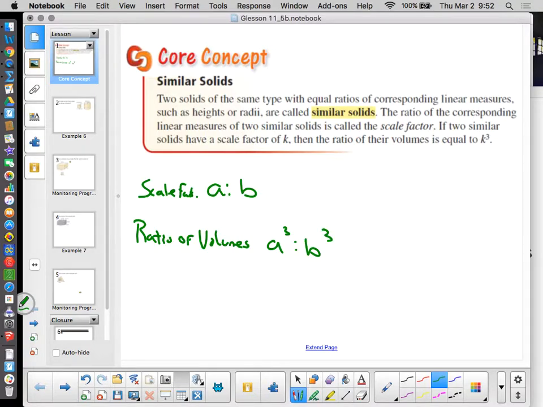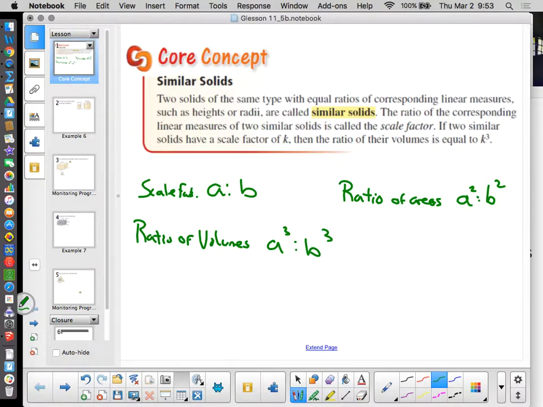Just like we had previously learned the ratio of areas was A squared to B squared. So again, we have to go back and find that scale factor between the two shapes and then cube that. And we can use that to set up and solve proportions.